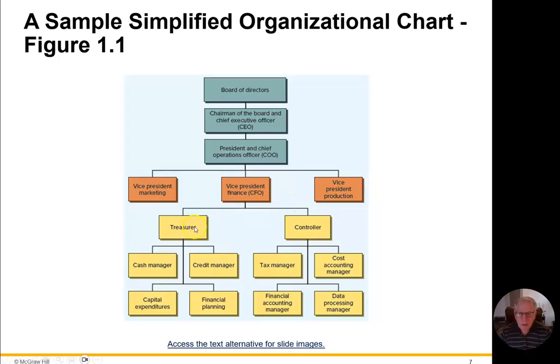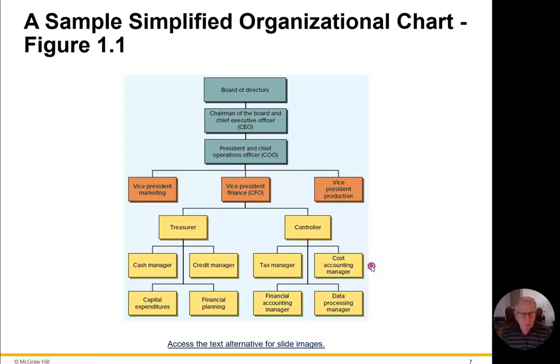But here, the key thing to know here is the treasurer function and the controller function. The controller function would have our tax manager, a cost accounting manager, the financial accounting manager, and the data processing manager. So the financial accounting manager would do just what you learned in financial accounting. They would do the payables and receivables and payroll and that kind of thing. But also reporting to the controller would be the data processing manager, or MIS function, management information systems.